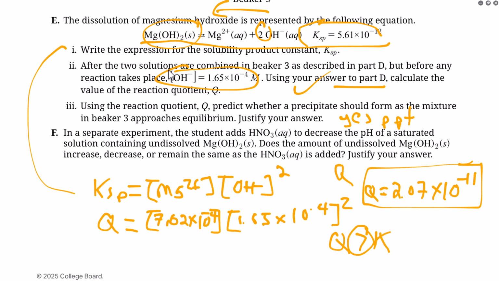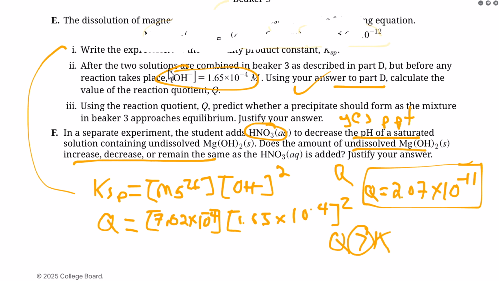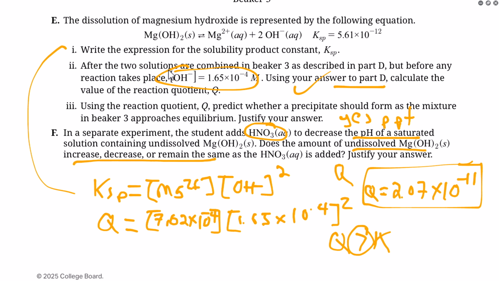The last question here says that in a separate experiment, the student adds HNO3 to decrease the pH of a saturated solution. Does the amount of undissolved MgOH2 increase, decrease, or remain the same? So if we think about this from an equilibrium standpoint, I'm going to go and get rid of this information up here. Adding in HNO3 is a strong acid, and so that contributes a lot of H3O plus to our solution.